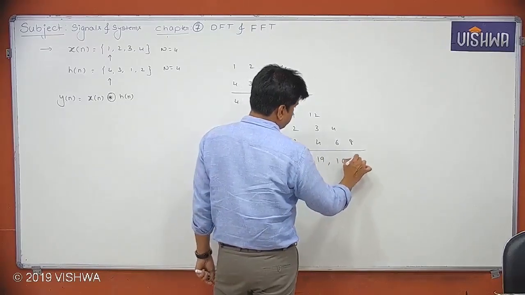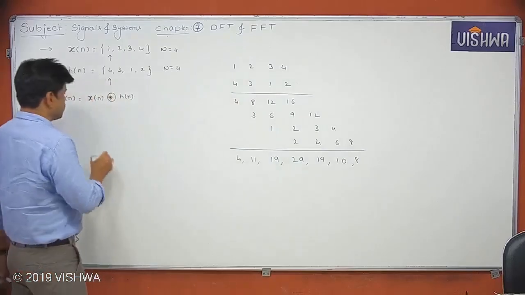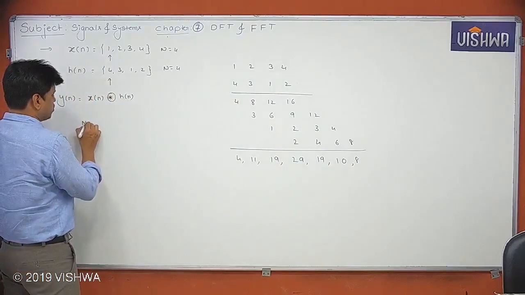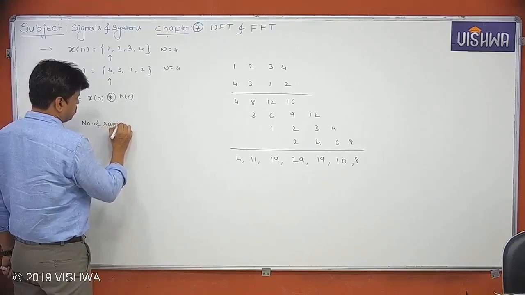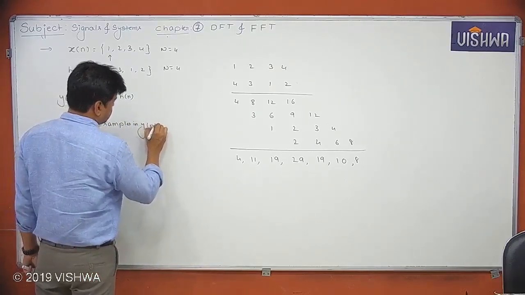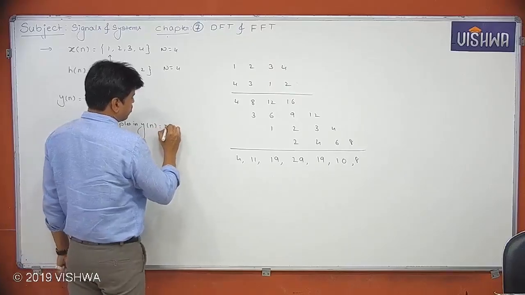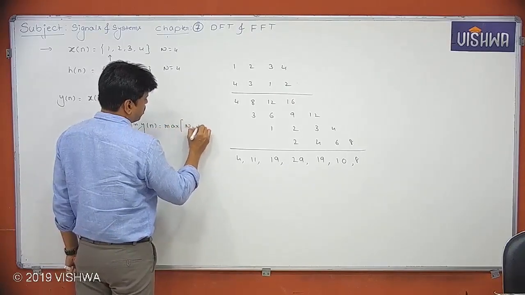So in the circular convolution, how many samples are there? The number of samples in y of n is equal to the maximum of N1, N2.